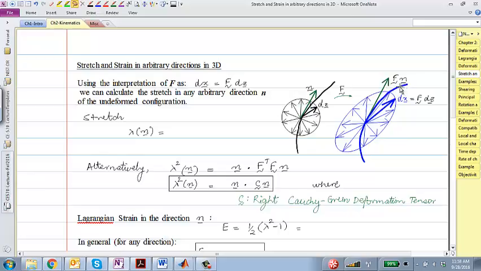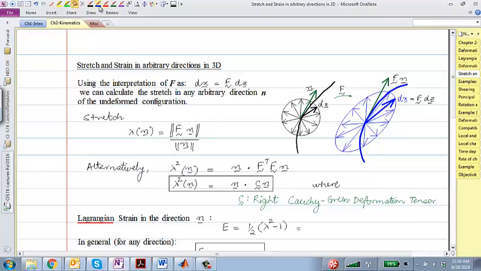Now the stretch will be defined as the magnitude of F tensor acting on n, divided by the magnitude of n. Do you agree with this? The stretch at a point along a curve, where the undeformed tangent vector is n and the deformed tangent vector is F acting on n, is simply the length of the deformed tangent vector.